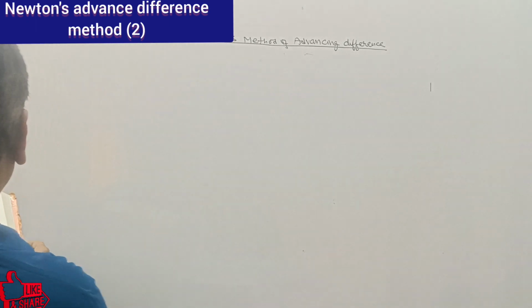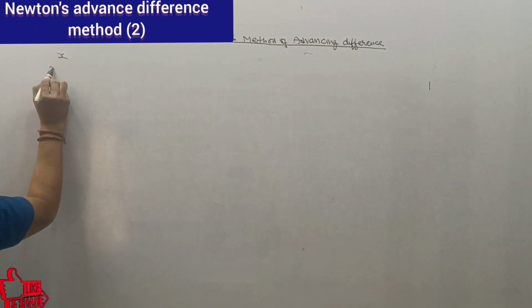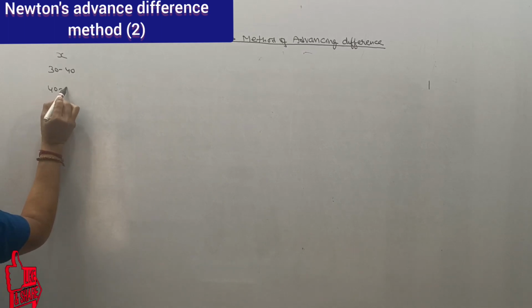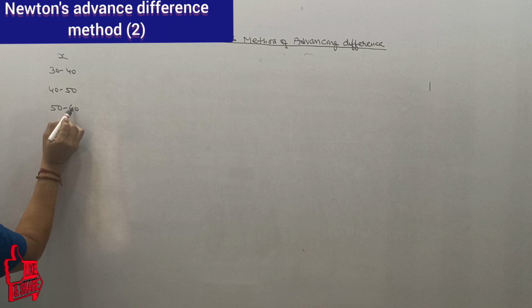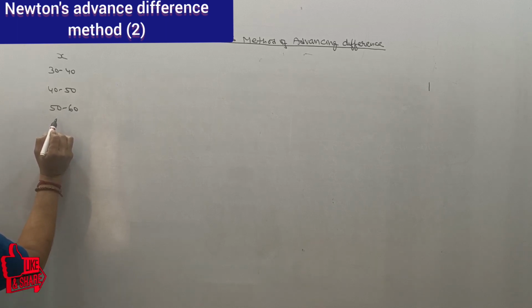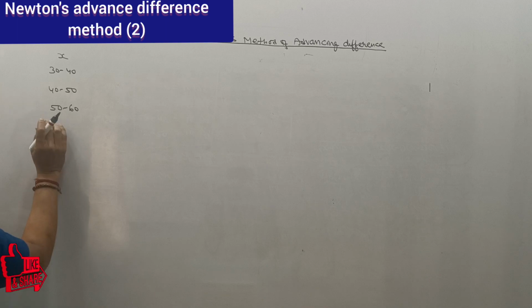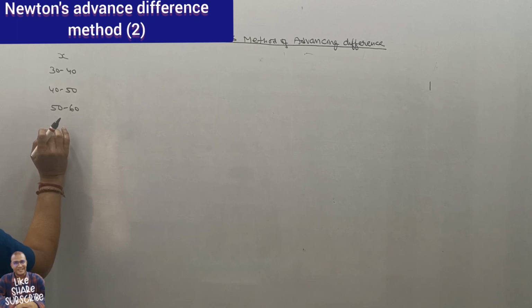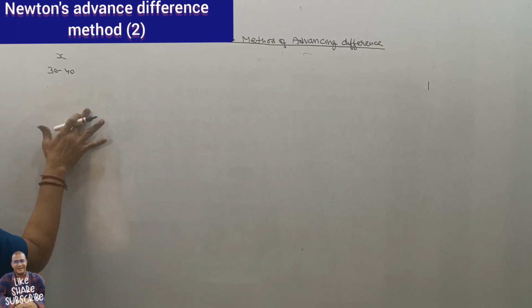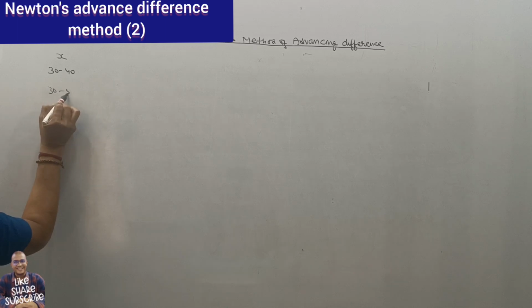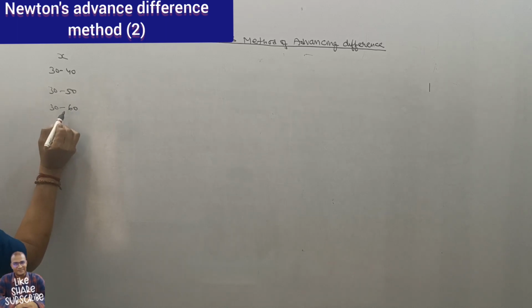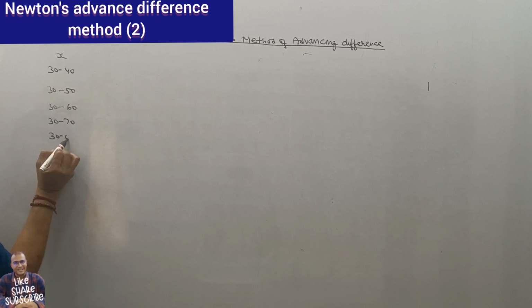Suppose we are given the values of x: 30 to 40, 40 to 50, 50 to 60, and so on, that is 30 to 40, 30 to 50, 30 to 60, 30 to 70 and 30 to 80.